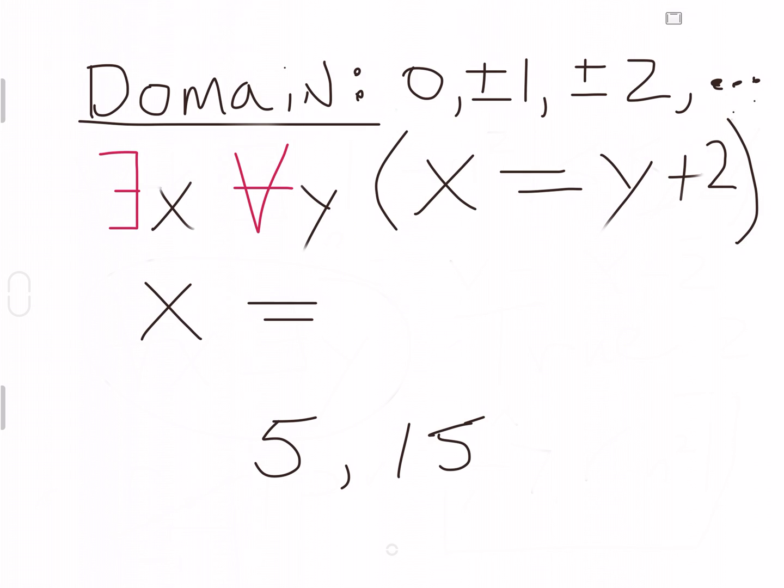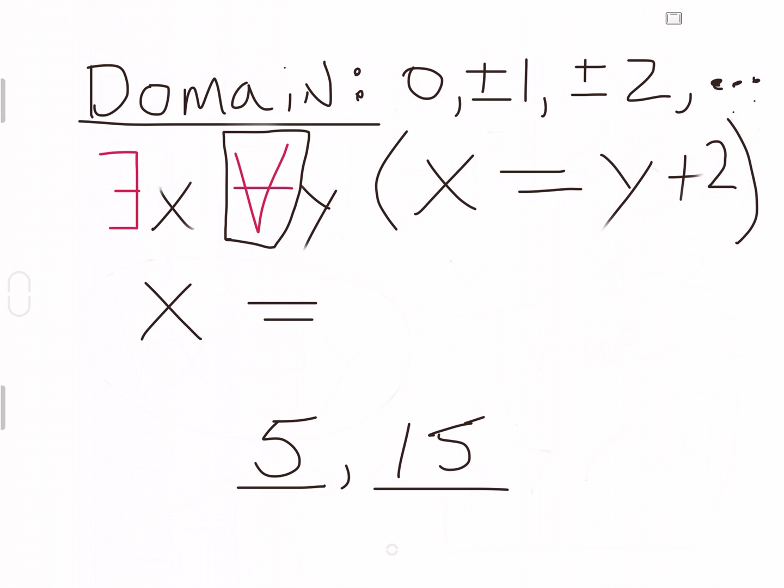I just chose 2 random integers. Because of this for all, we're dealing with all integers. If it's true for all y, then it's certainly true for 5 and 15.